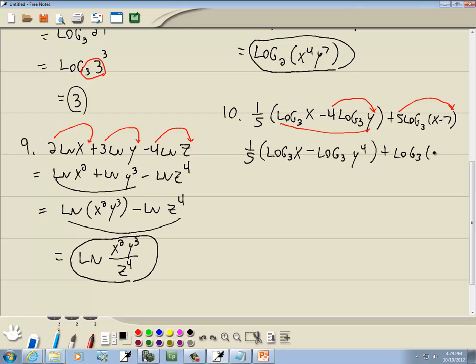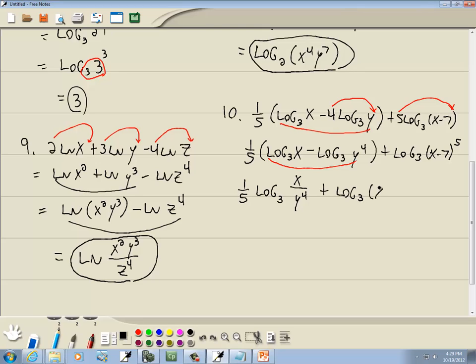So here I'm going to rewrite this as x minus 7 to the 5th power. Okay, back to inside the parentheses. Here we have log of something minus log of something. Subtraction becomes division. So this is 1/5 log base 3 of x over y to the 4th.